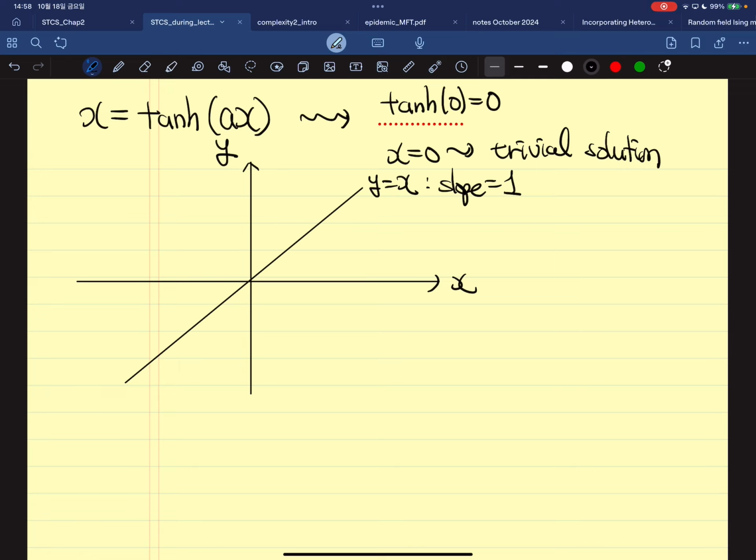And we know the functional form of hyperbolic tangent, not easy. It looks like this.